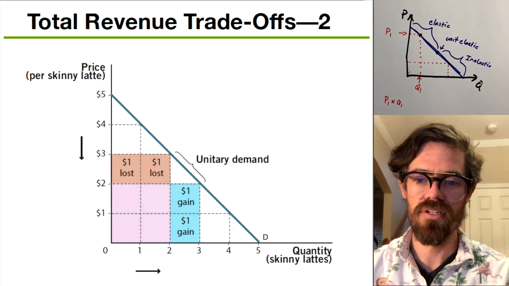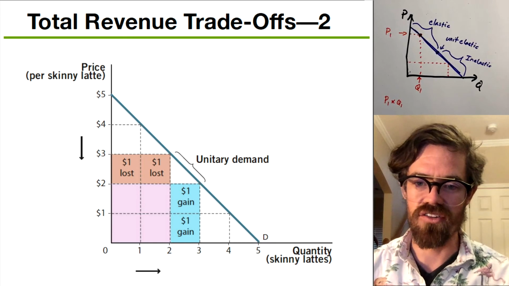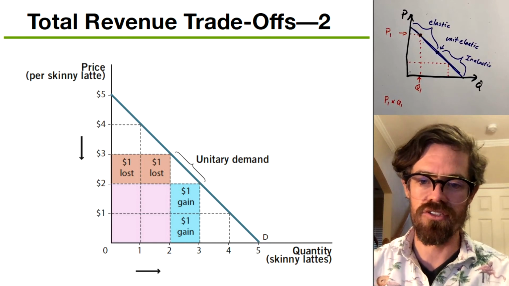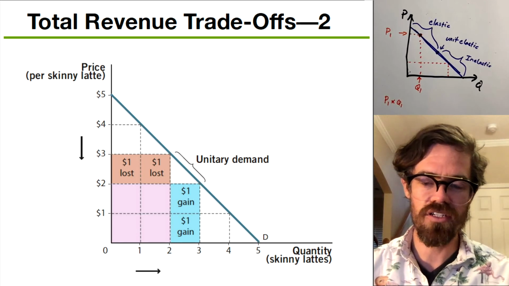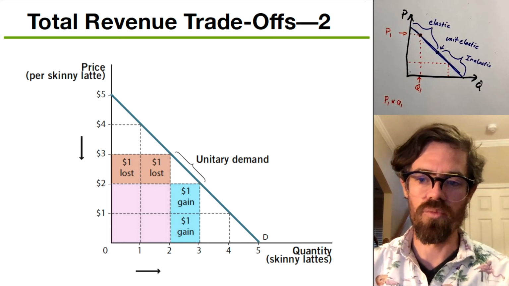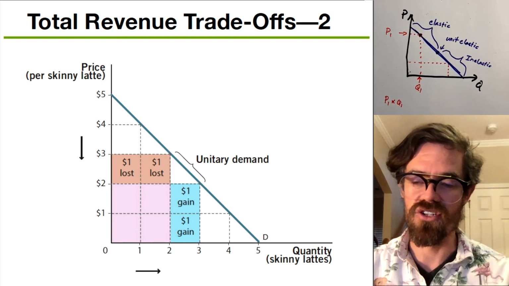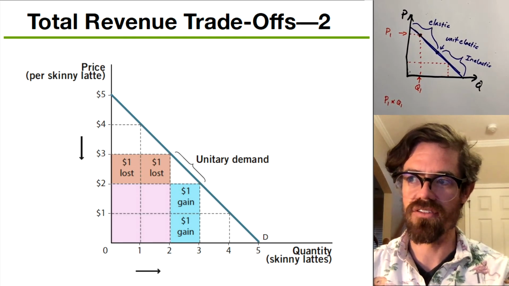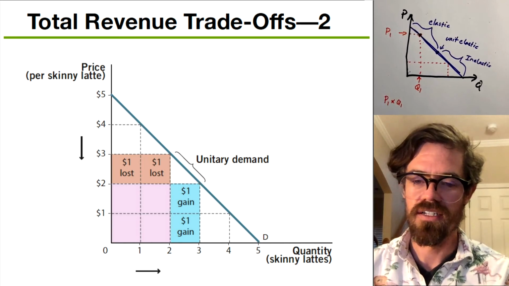Now, if we continue and we're in the unit elastic region, the trade-off exactly balances each other out. We go from $3 to $2, so we lose $2 on those 2 units we were selling initially, but we're able to sell one more unit, and we gain $2 on that additional unit since we're selling now at $2. So there's no change here.